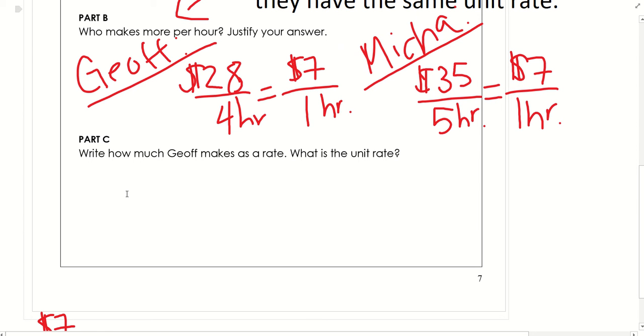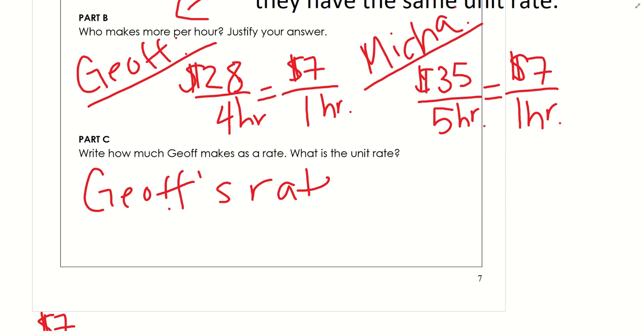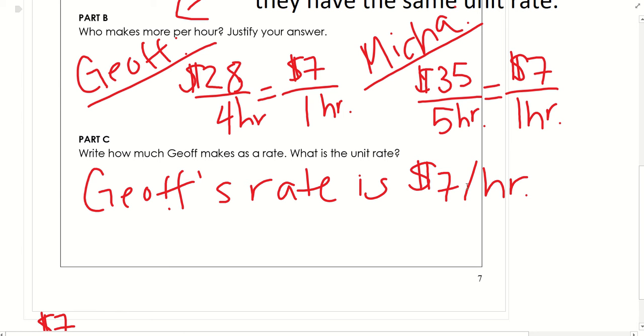So if we know that Jeff's rate is $7 per hour, Jeff's rate is $7 per hour. Remember that little slash means per. So then, what is his unit rate?